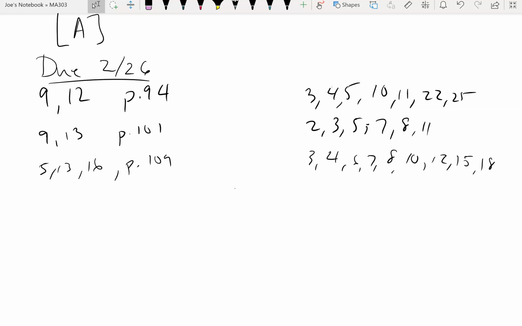So let's see if we can do one of these with cofactors. Let's just make one up here.